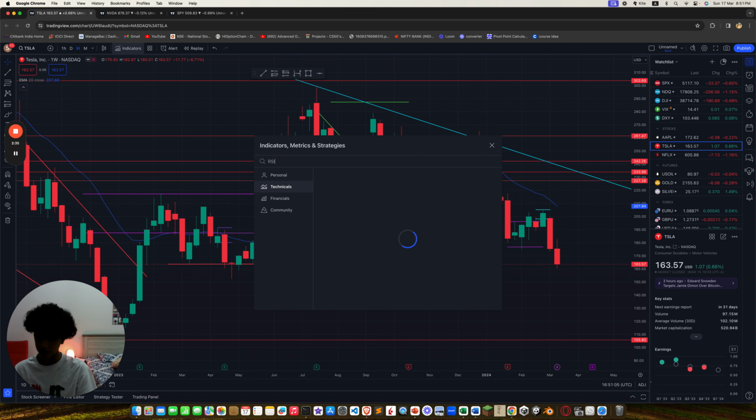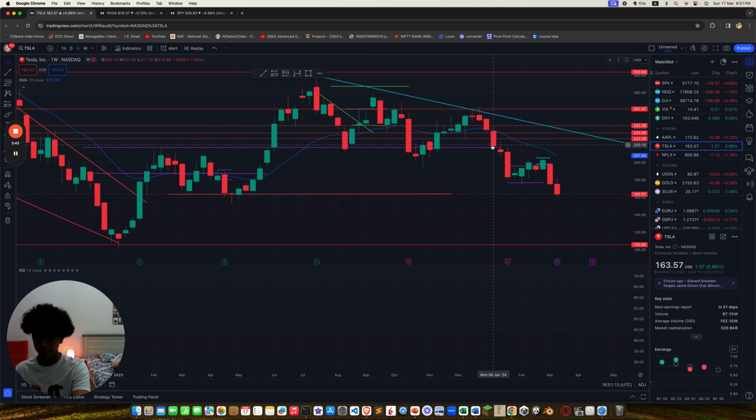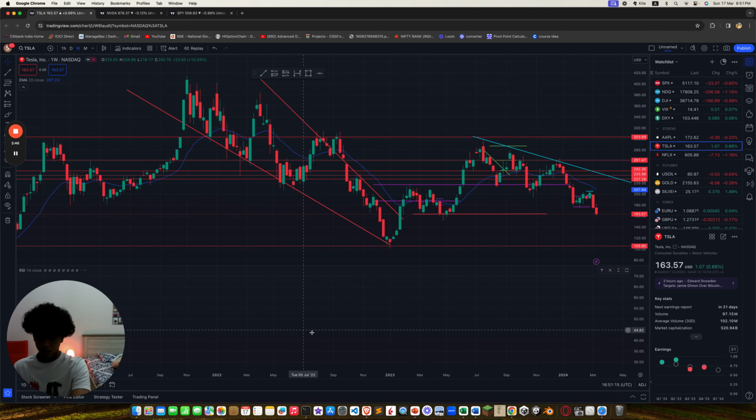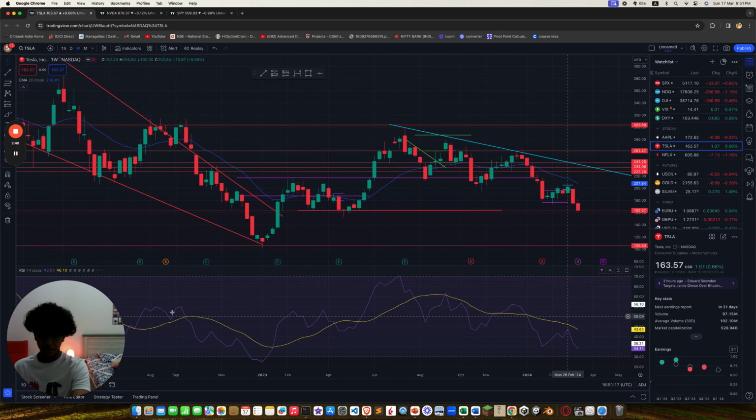So, if we see the RSI, for example, when it loads, if we add this panel at the bottom, we can clearly see that the RSI is confirming this downwards movement. We can see that the peaks are definitely going downwards, and Tesla's price movement is confirmed by the RSI, no divergence.